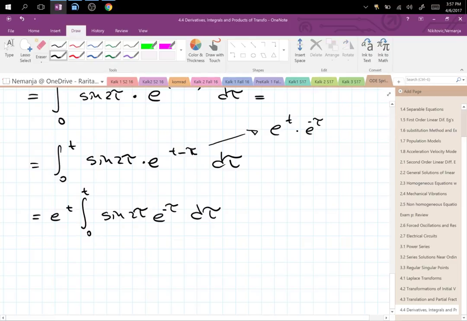Okay. So now we need to integrate this. How do we integrate this? And don't say carefully. It's integration by parts, right?